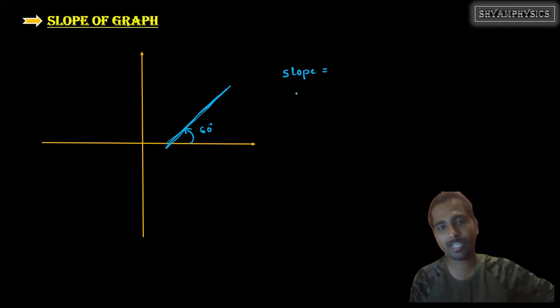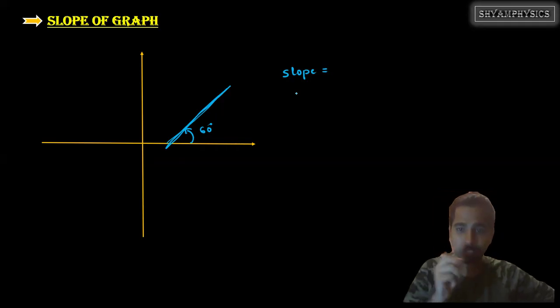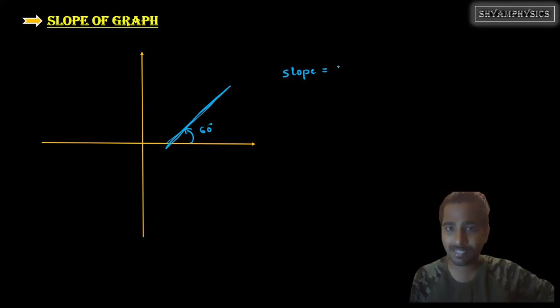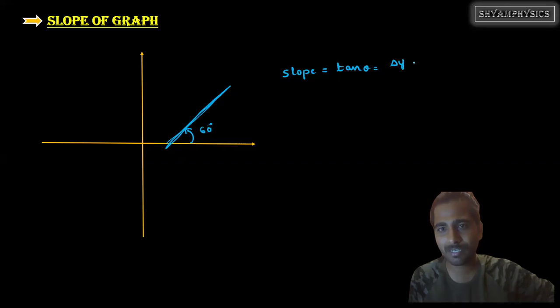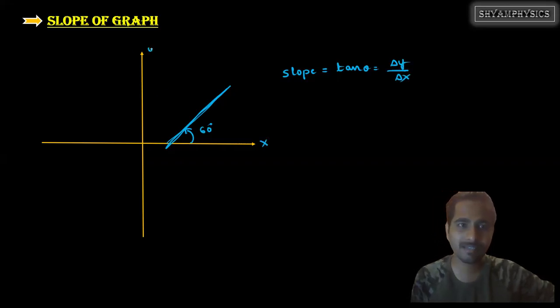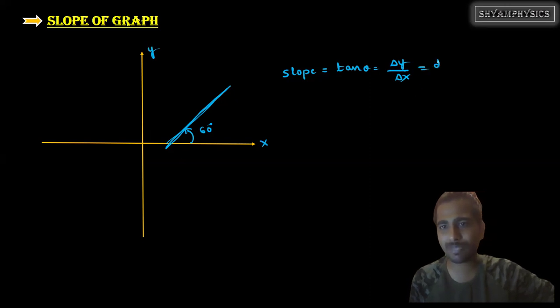Sir, slope, if they are given in terms of points, we need to go with y2 minus y1 divided by x2 minus x1. Yesterday I told you slope is nothing but tan theta, that is nothing but delta y by delta x, because this is the x-axis and this is the y-axis, or else you may write it as dy by dx.